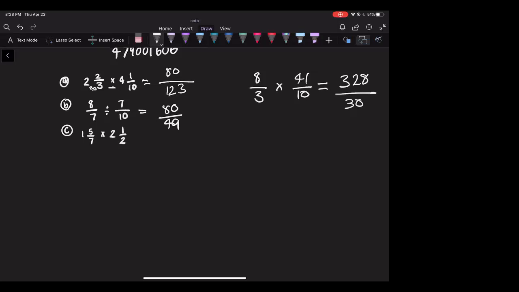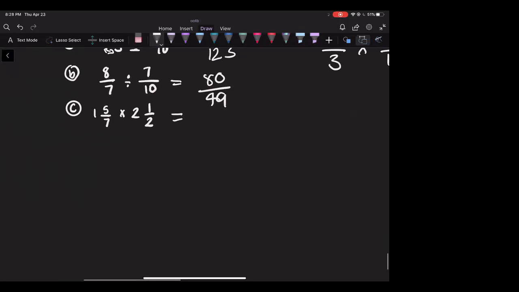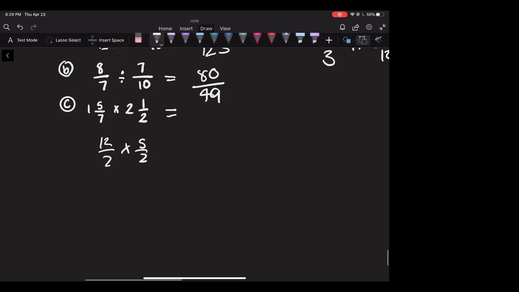Let's see. 2 times 2 plus 1, so that's going to be 5 over 2 times 7 plus 5, which is 12. What did you get?